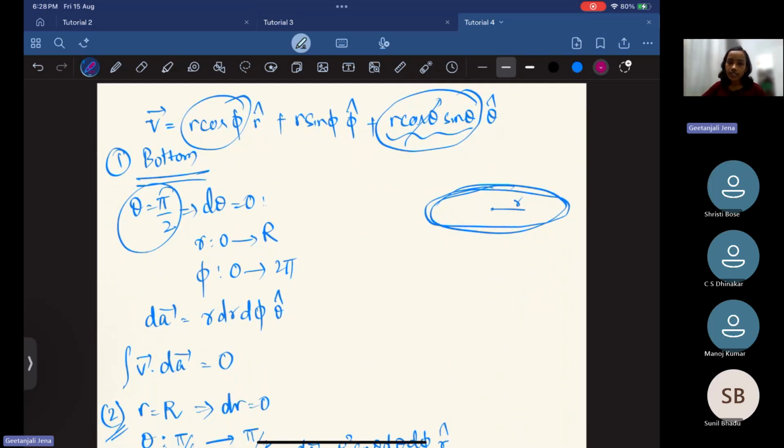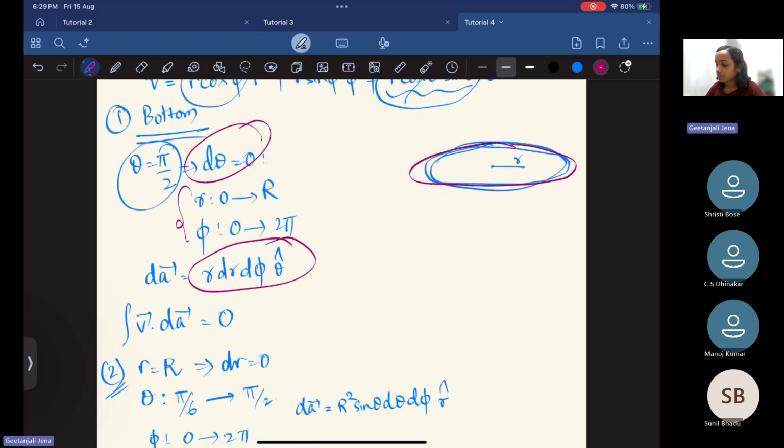To find dA for each surface, I checked which parameter is constant and which two are variable. For the circular surface, theta is pi by 2, so only the r and phi terms contribute to the area element. So dA will be r dr d phi theta k.